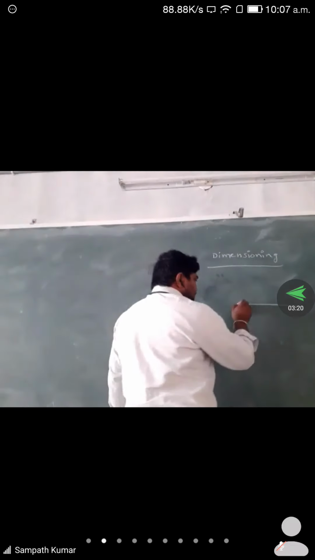Suppose we have a line whose given length is 70 mm. This line will be indicated by dimensioning. We have to draw the extension lines, then draw the dimension line and give the arrowheads and the value.